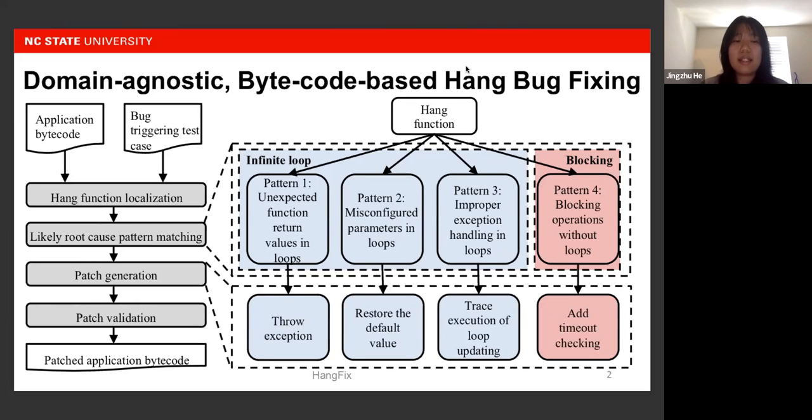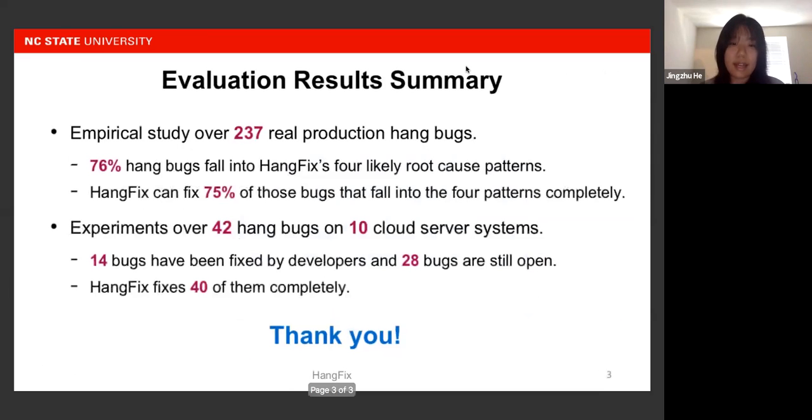Lastly, Hang Fix validates the generated patch by rerunning the existing hang bug detection tool, rerunning the hang function localization tool, and running the application's regression test suite. If the hang bug does not occur again and all the regression tests pass, then we consider the patch valid.